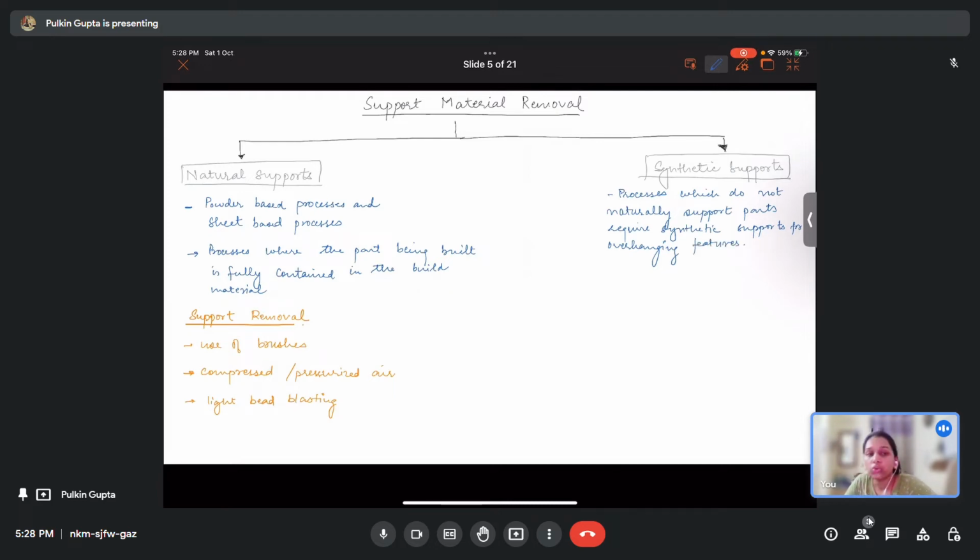In such a case you need some secondary material to provide support, or support from the build material itself.